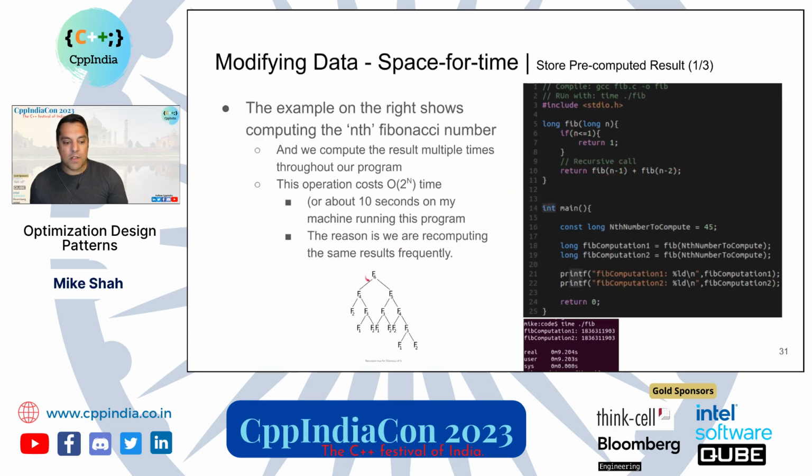I'm computing the 6th number. Well, to get to that, I need the 4th number and the 5th number, and to get the 4th number, you need the 3rd and the 2nd on this side and the 5th one. So you're repeating a lot of this work, right? This is a 2 to the n algorithm. This particular program, if I run it to compute the 45th Fibonacci number, takes 9 seconds here. That would be unacceptable in my book.